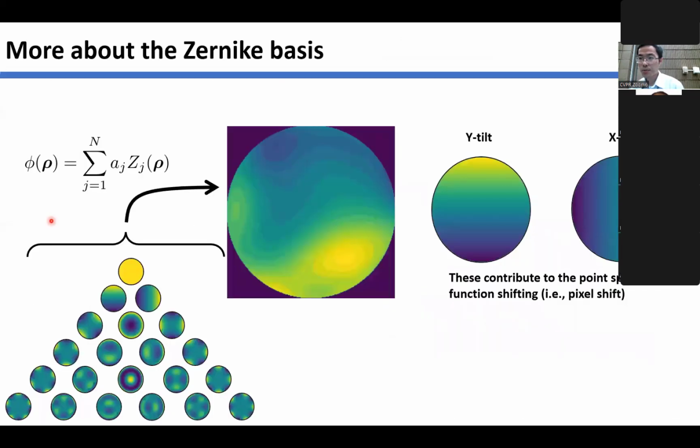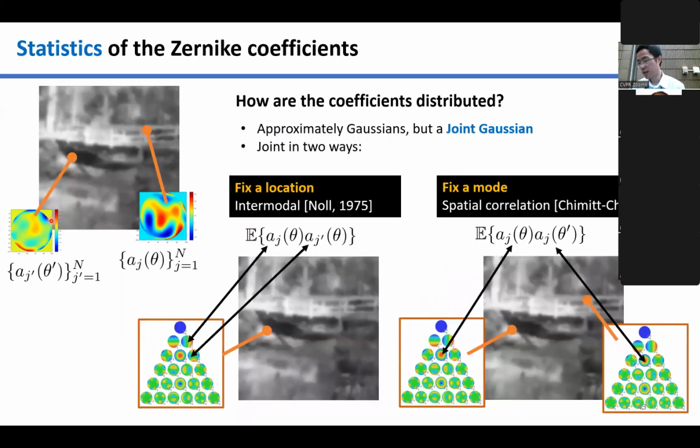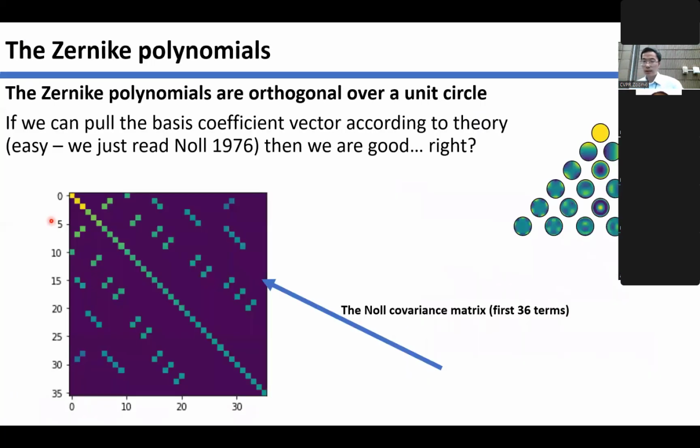So let me skip some of these slides for the sake of time. In the past, what we know is another correlation. This correlation is useful. I will come back to the spatial correlation in 2 seconds. This correlation was done by Robert Noll. He says that, ladies and gentlemen, you have a vector of Zernike coefficients, and these Zernike coefficients have correlations.